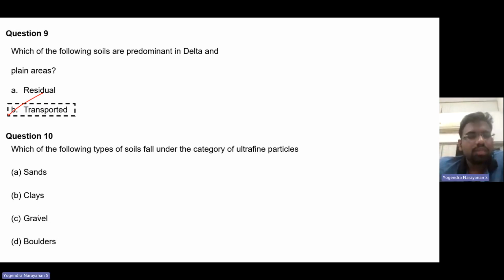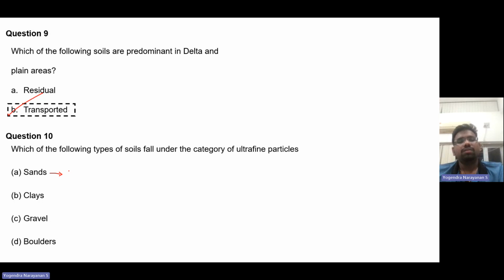Essentially, as far as the soils are concerned, sands, as per the standard classifications, which you will be studying further, but I would like to give a brief idea here since it is relevant to the context.